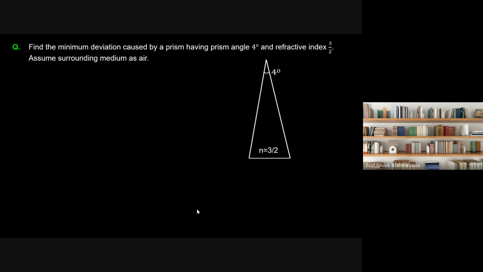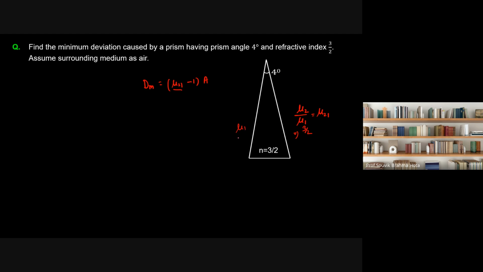Now you see the refractive index is given, 3 by 2, and the prism angle this. So we know the formula dm is equal to (mu 2 to 1 minus 1) into A. Actually mu 2 to 1 is 3 by 2. Why? You understand this: mu 2 by mu 1 is equal to mu 2 to 1. Now mu 2 is given as 3 by 2 and mu 1 is what?